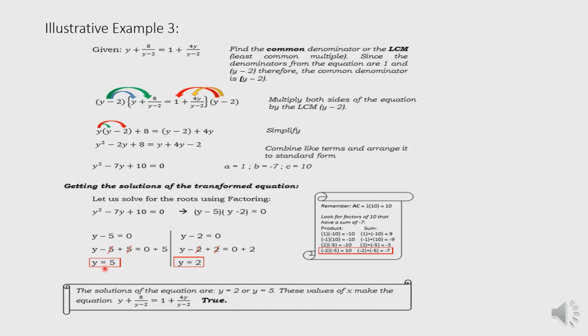You have to substitute the values of y, 5 and 2, in the original equation. If the statement is true, then the left side and the right side of the equation are equal. But if not, it is an extraneous solution. Okay? So let us check.